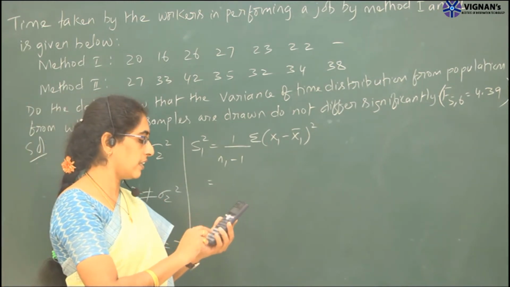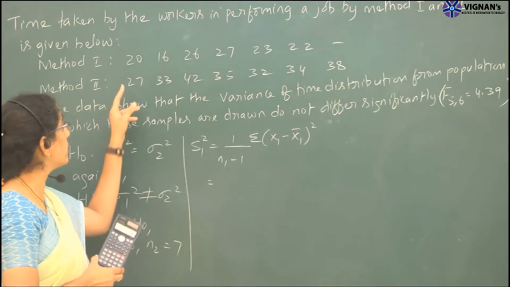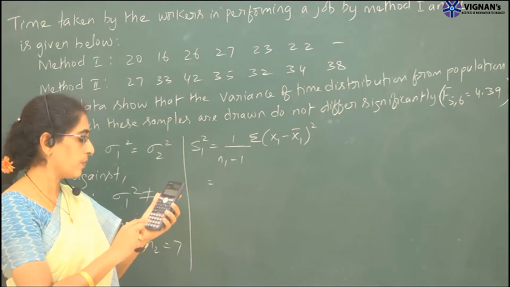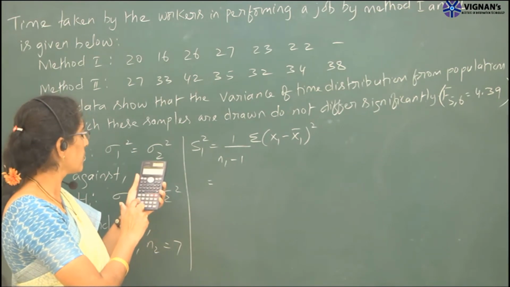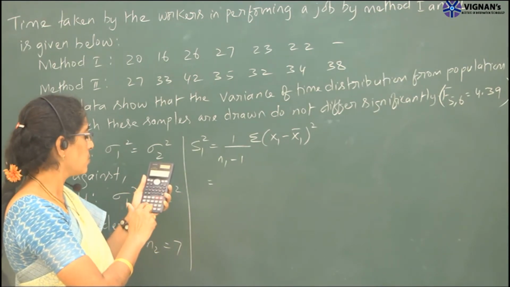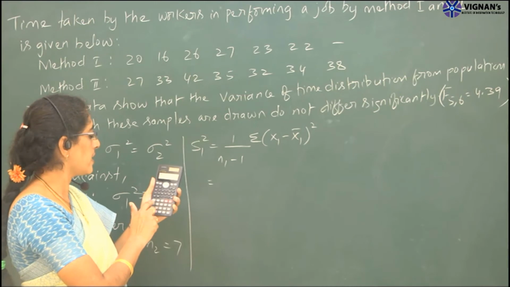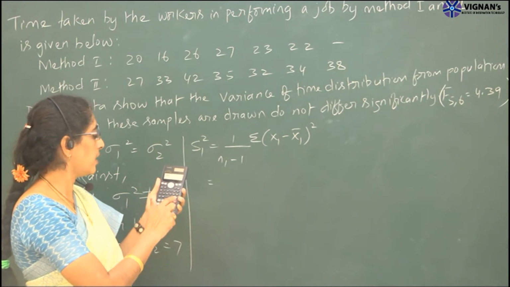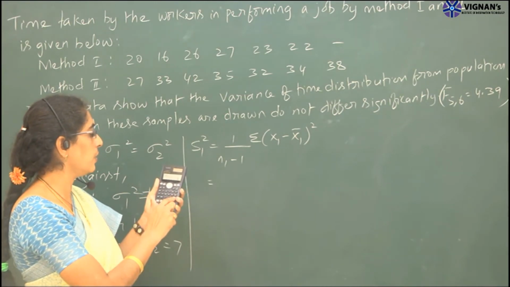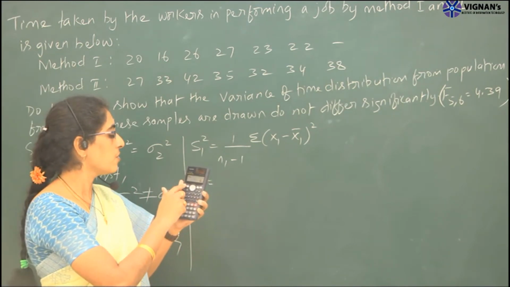So first go to the regression linear mode and one by one give the values of method 1: 20 M plus, 16 M plus, 26 M plus, 27 M plus, 23 M plus and 22 M plus. Okay. Now press shift 2.